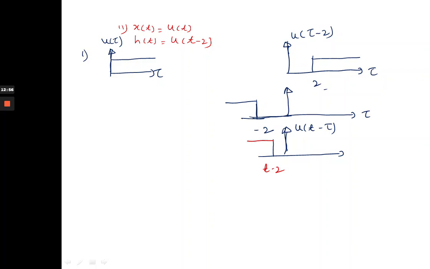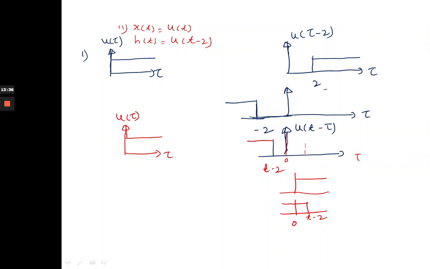Now when the overlapping occurs, this signal should be below this 0 value. Means if this is tau, this one is the first signal u of tau, and this signal is shifted by t minus 2 here, and this t minus 2 is here.